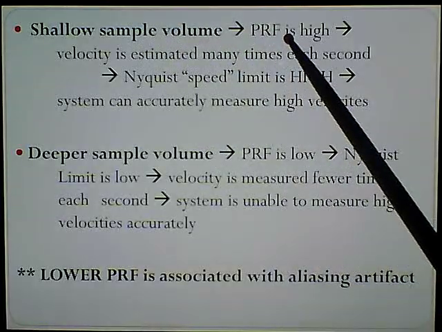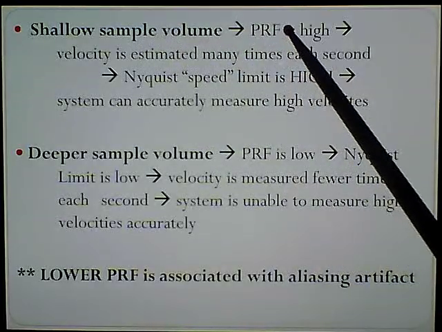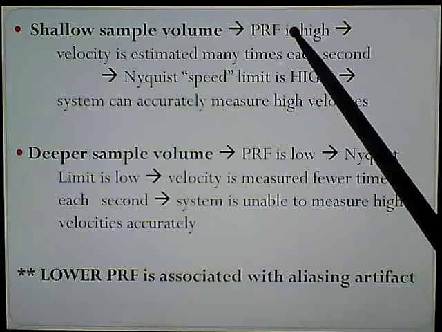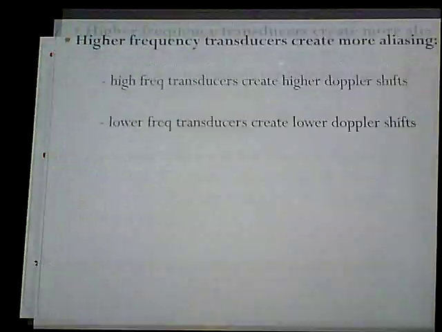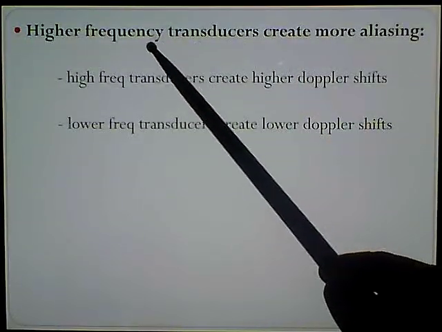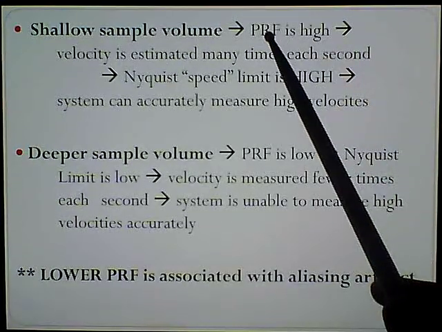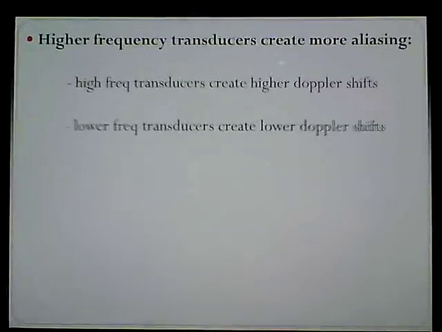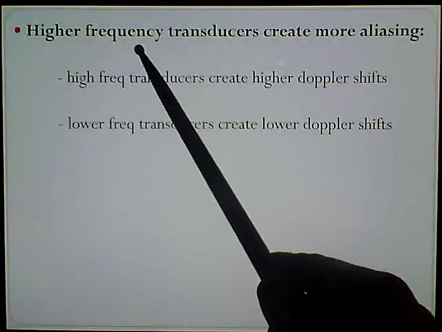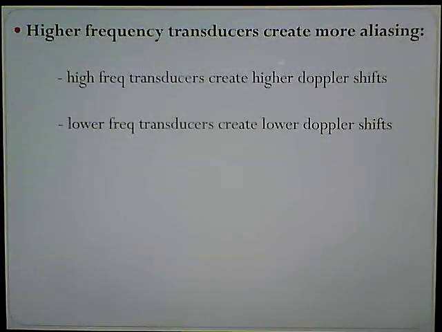Therefore, the times we assess it are much higher per second, correct? I'm talking about if I have a transducer that sends out a higher frequency, it is not related to this PRF. It is related to the frequency of sound I am sending out. Let's remember that. If you have to stop the tape and rewind it, do so, but understand that so that you do not confuse yourself.